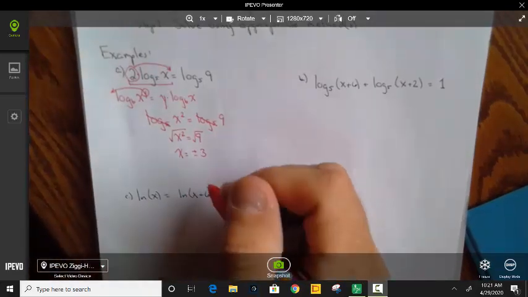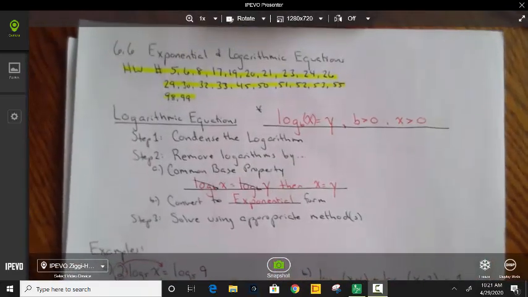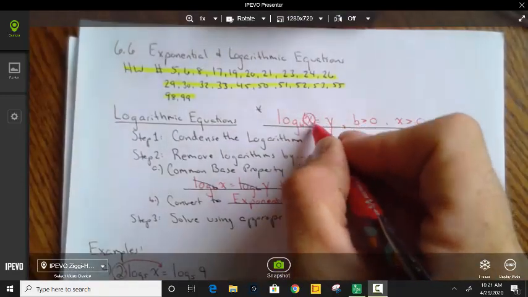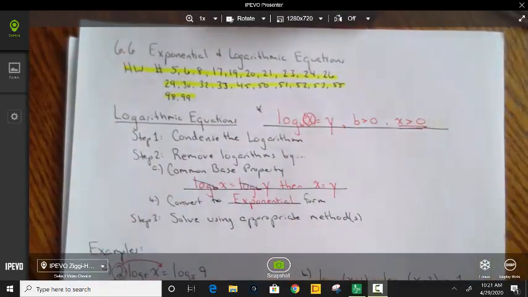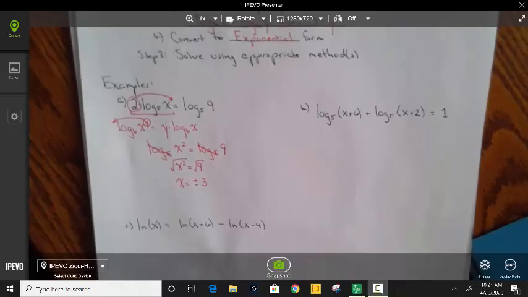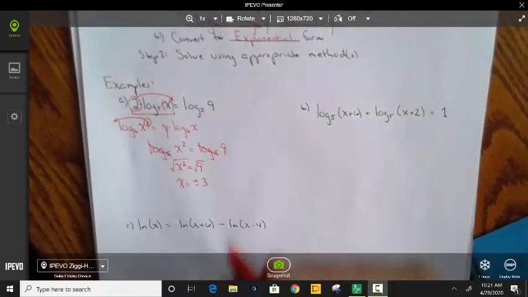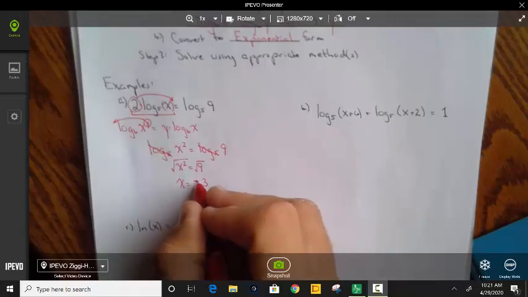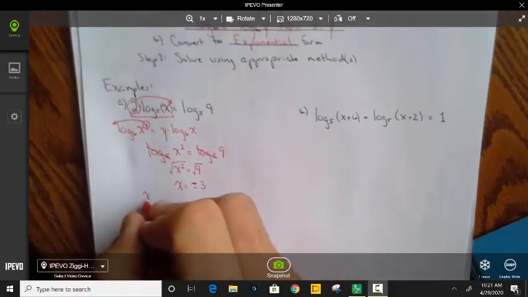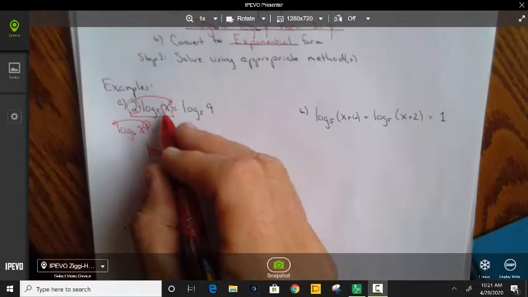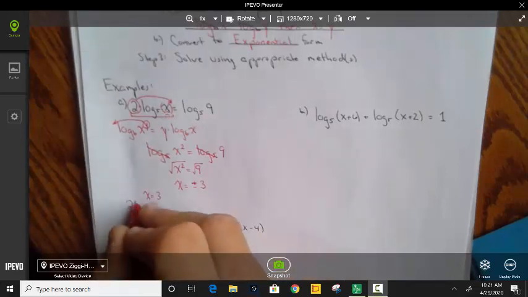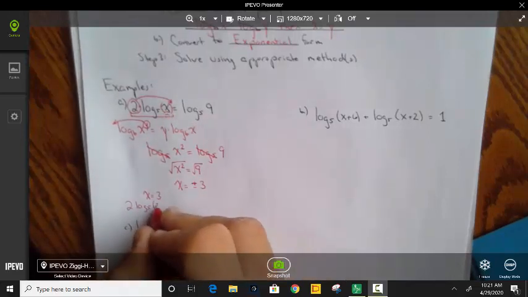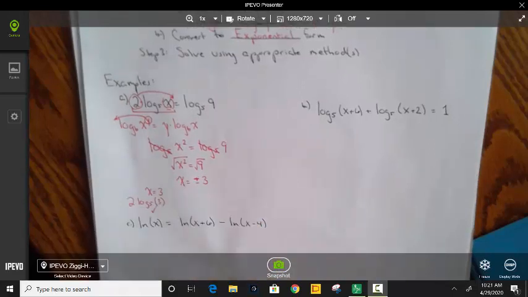Now, remember at the beginning of this video, I said what's inside the logarithm has to be a positive number. The x is inside the logarithm here. When I plug in positive 3, this would be 2 log base 5 of positive 3, and that's allowed.